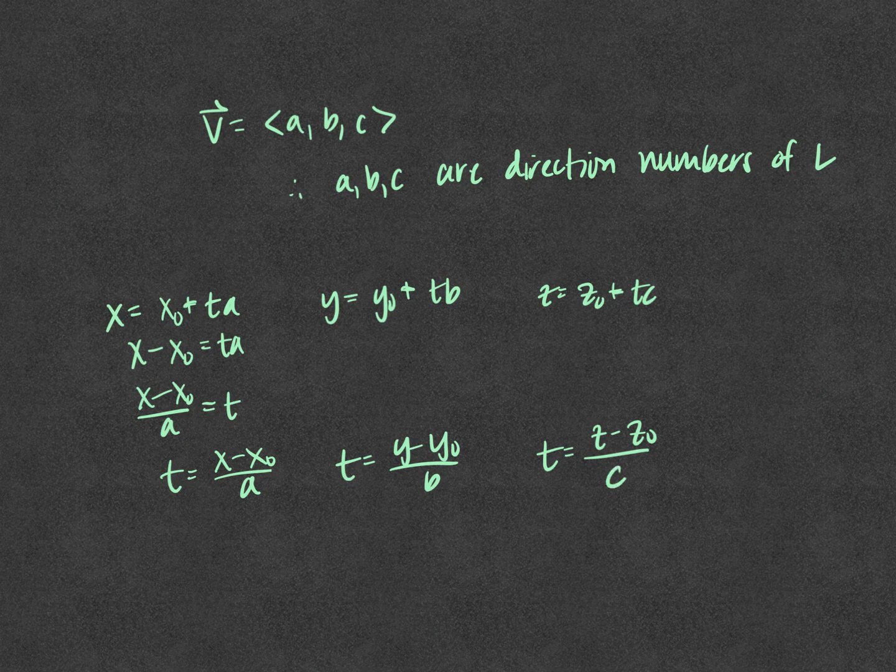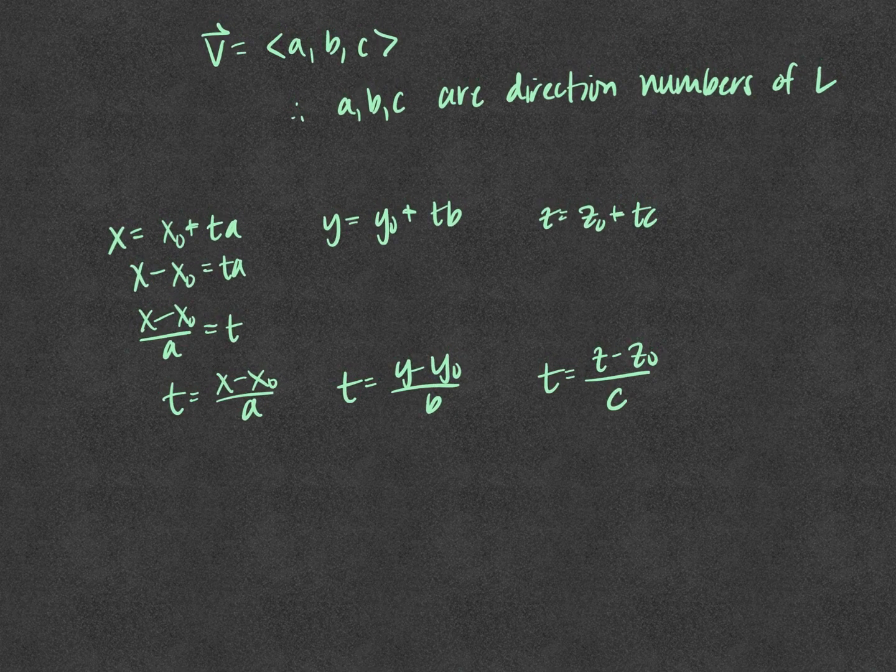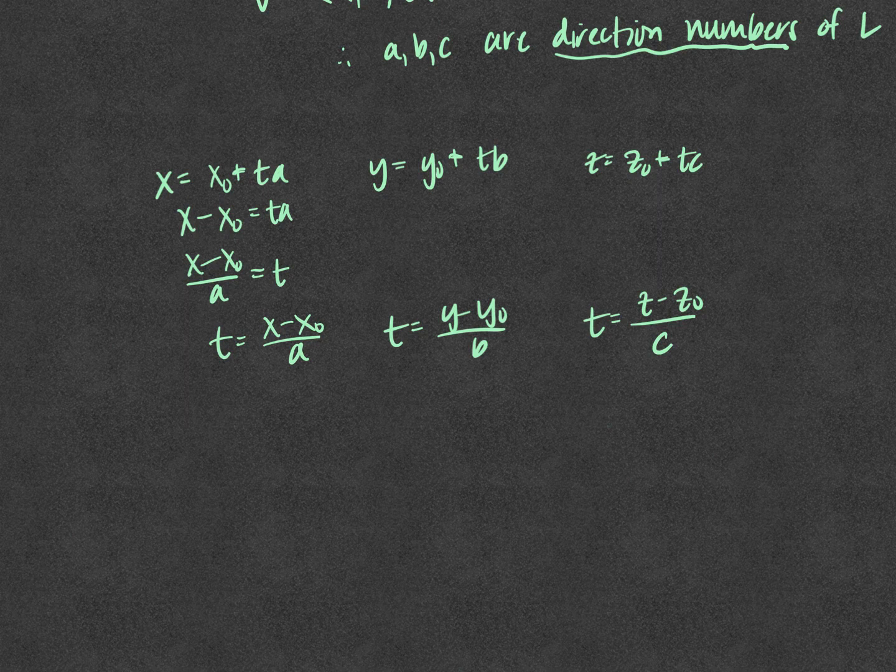Now, since they all equal t, this is another way to describe the line L. We have our direction numbers up above, and we have these equations. But if you think about the fact that they're all equal to t, you can say x minus x sub o over a equals y minus y sub o over b equals z minus z sub o all over c.